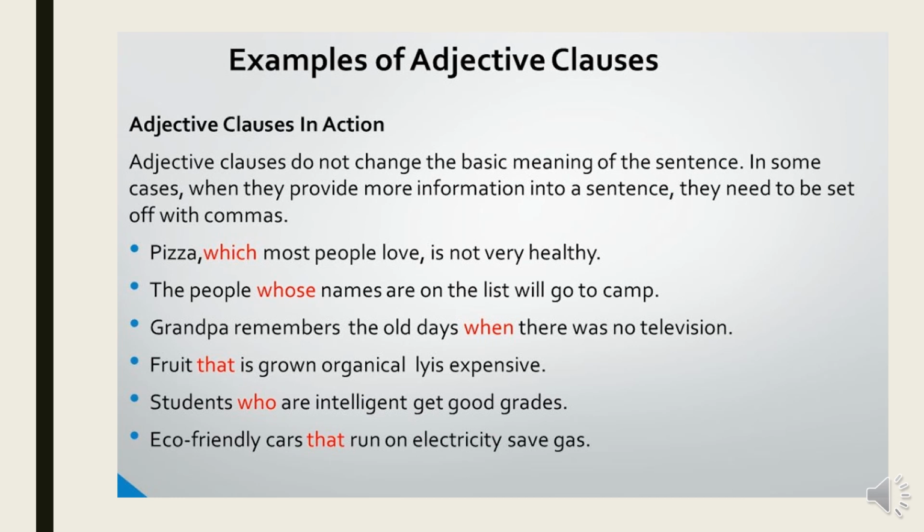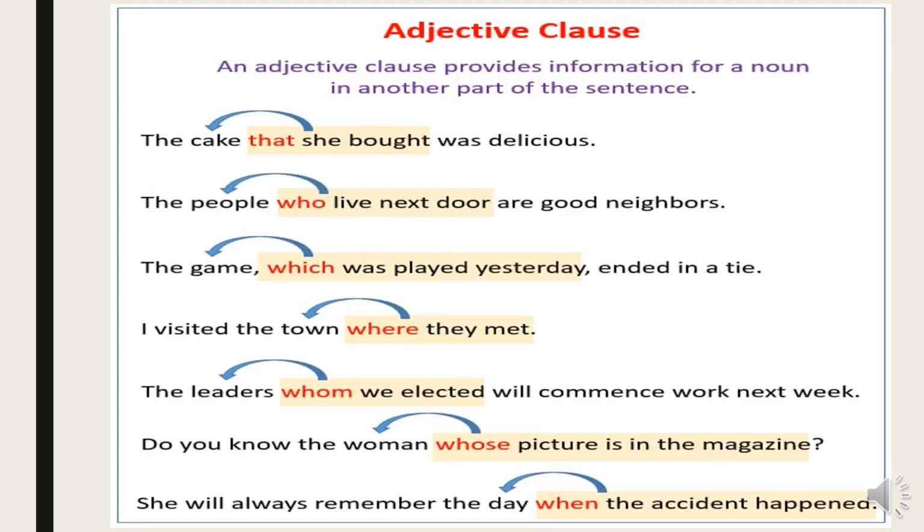Grandpa remembers the old days when there was no television. Fruit that is grown organically is expensive. Students who are intelligent get good grades. Eco-friendly cars that run on electricity save gas.